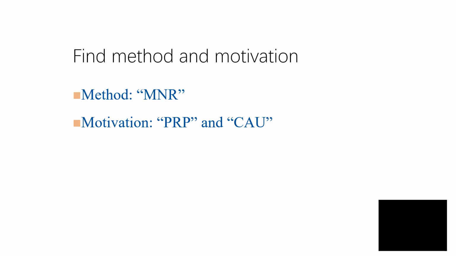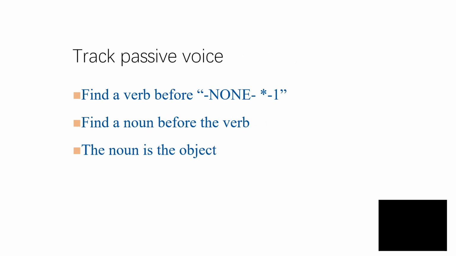So this manner is actually the method information that we want. And sometimes these modifiers are tagged by PRP, which means the purpose, and CAU, which means the cause of a verb. So this cause and purpose is the motivation information that we want.